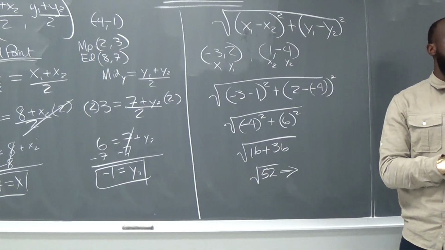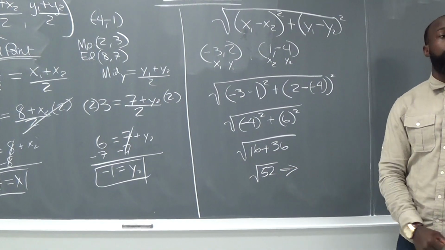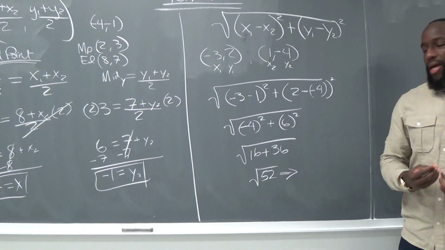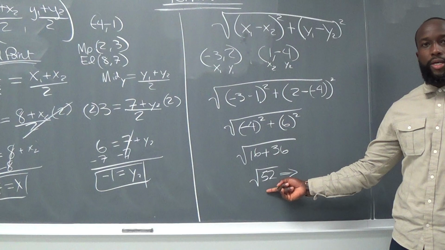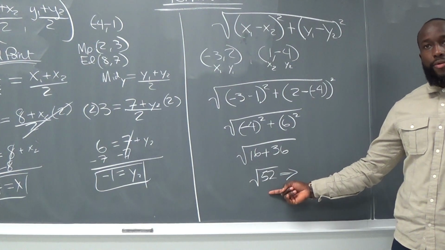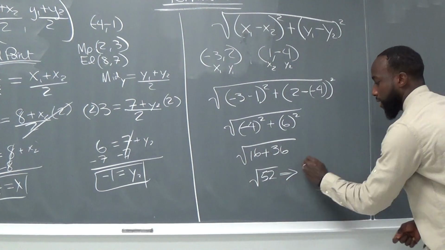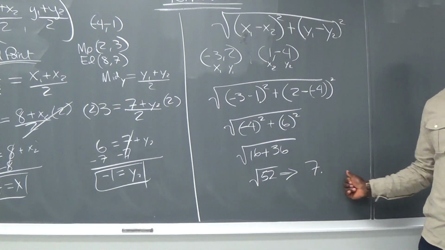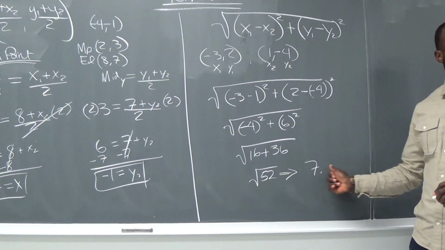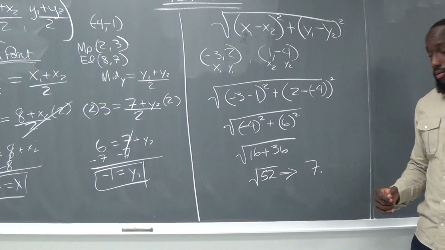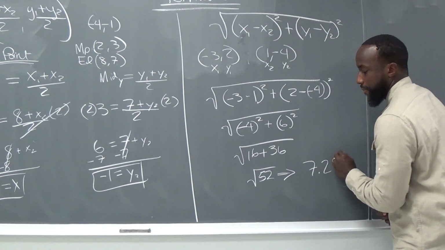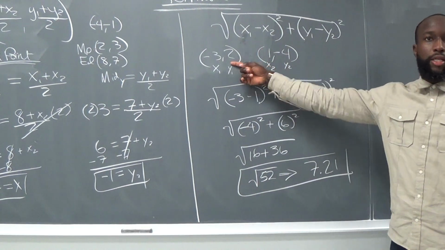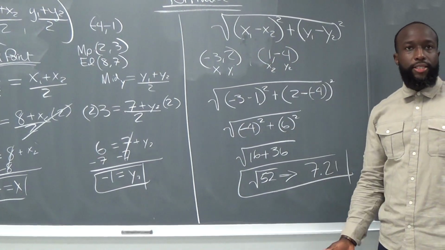Either you leave it like this, or you can leave it as a decimal, and they say round to the nearest hundredth. 52 is close to 49, which is the square root of 7 squared, so it's going to be 7 point something. What's the 7 point what? 7.211. So this is the length between these two points, and that's the distance formula.